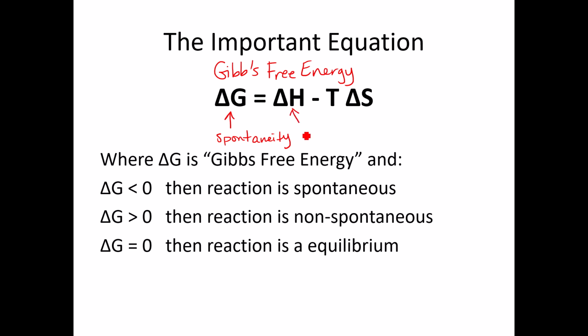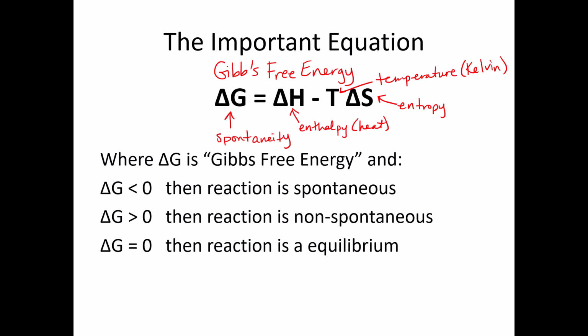Delta H is still our measure of enthalpy, or the heat for our reaction, and delta S is still a measure of our entropy, or our chaos for the reaction. And then T is our measure of temperature at which the reaction takes place, and this must be in Kelvin.